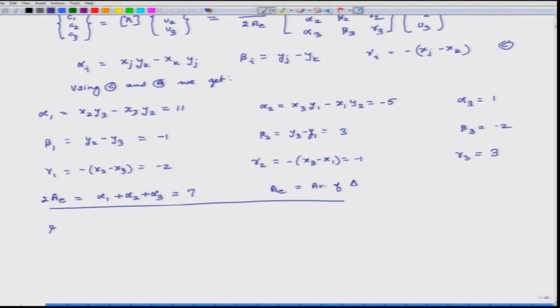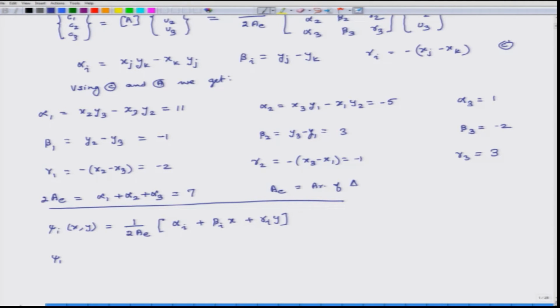So, then we had said that psi i, which is a function of x and y, equals 1 over 2AE times alpha i plus beta i x plus gamma i y.